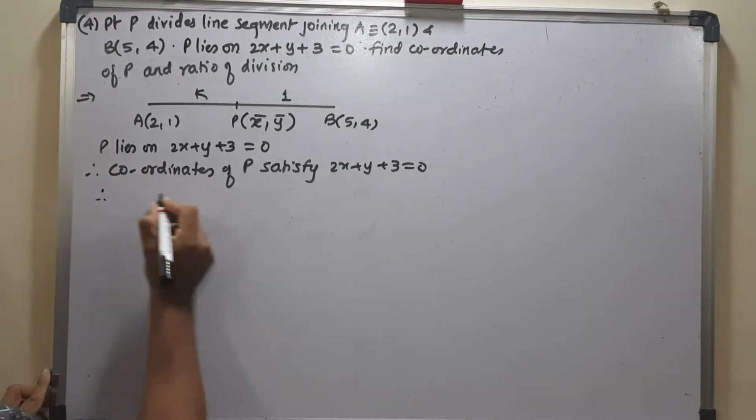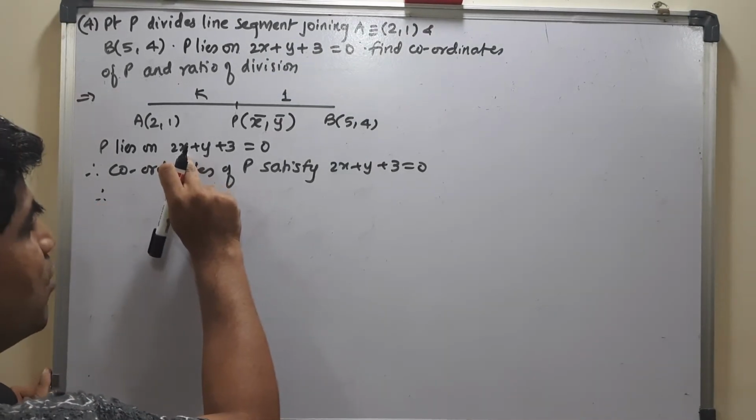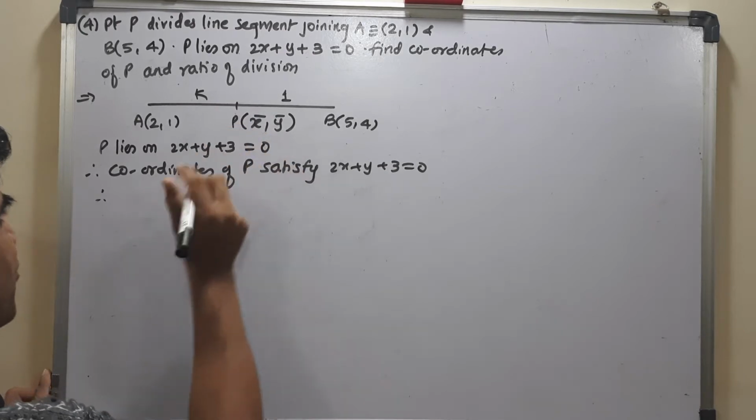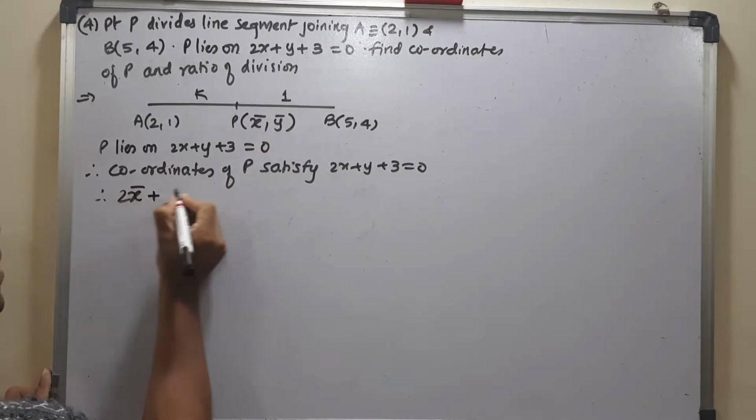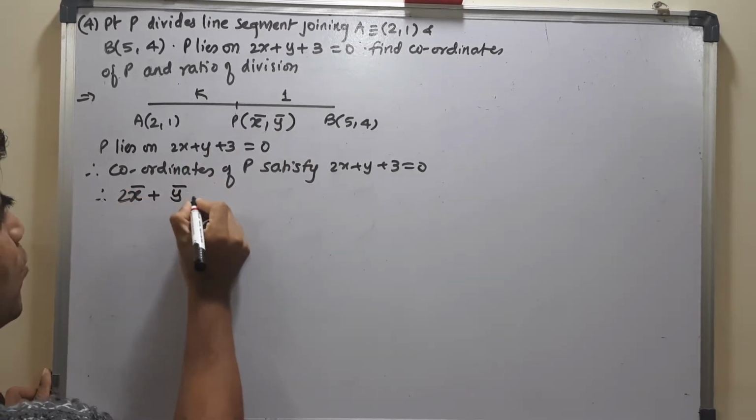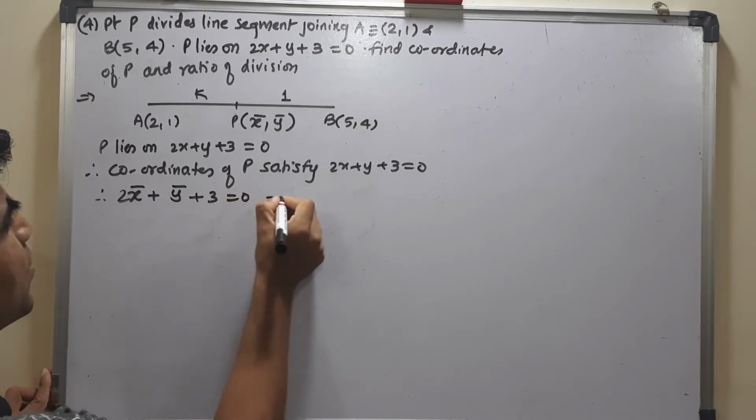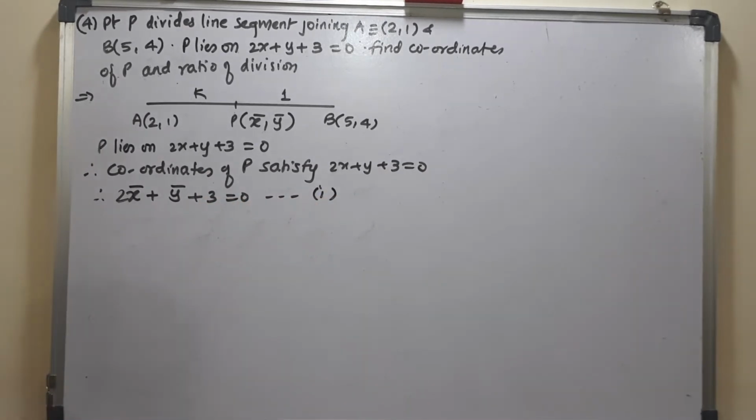So therefore, this x which is here will be replaced by x coordinate of P, that is 2x bar, and y will be replaced by y bar plus 3 is equal to 0. This is first one. Now the story becomes very simple. I got the equation in terms of x bar and y bar. It means that I have to get the value of x bar and y bar.